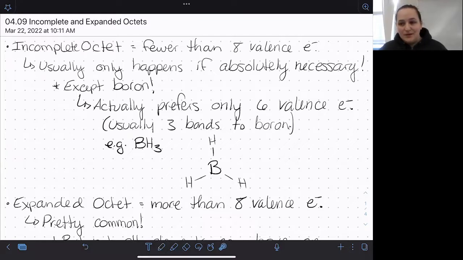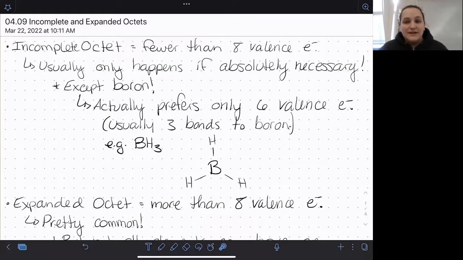We couldn't create a double bond or anything in this situation without adding too many electrons to this structure. But even if there were lone pairs on those peripheral atoms, the preferred structure would still look like this, with 3 single bonds, giving boron only 6 valence electrons and that incomplete octet.